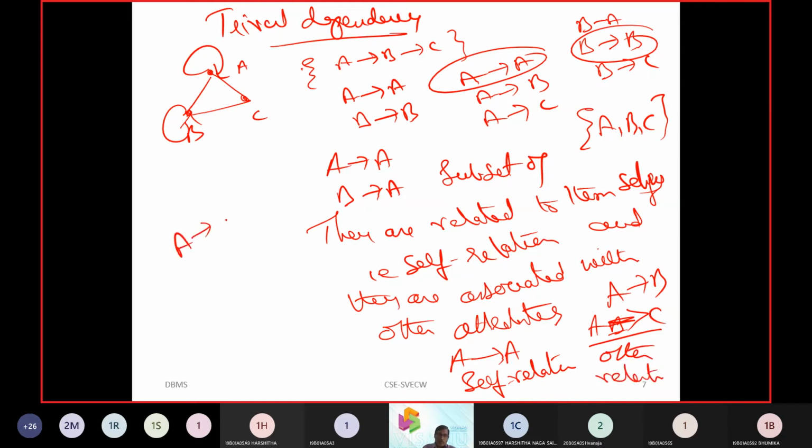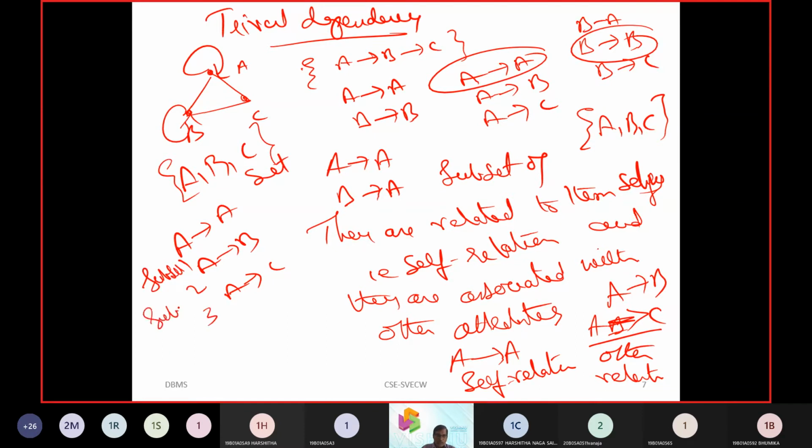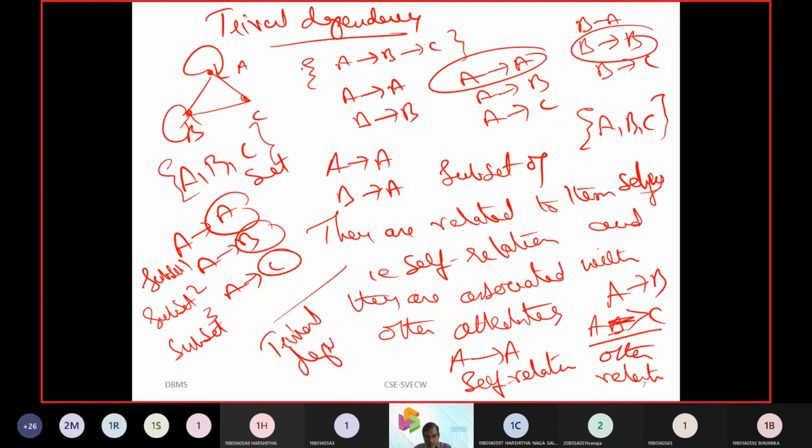A, B, C belong to a set. A to A is a subset of itself, A to B and A to C. So such relations we call here a trivial dependency.